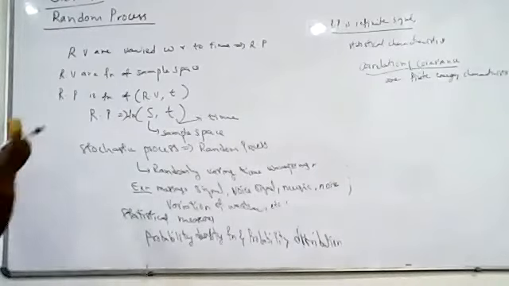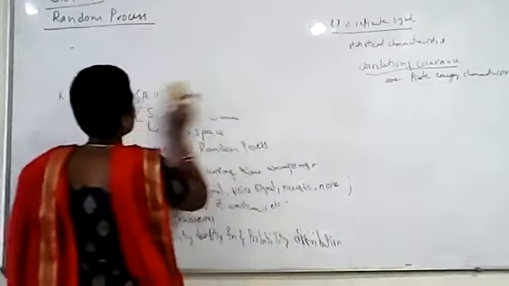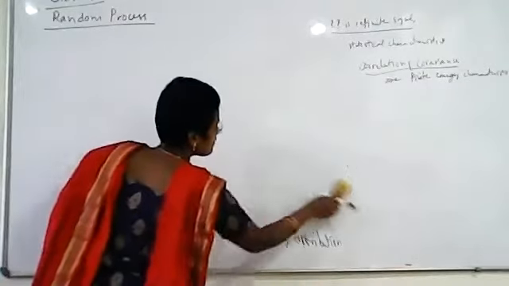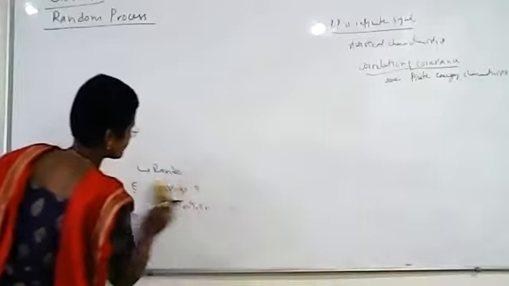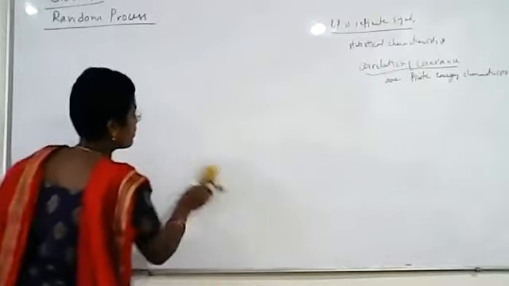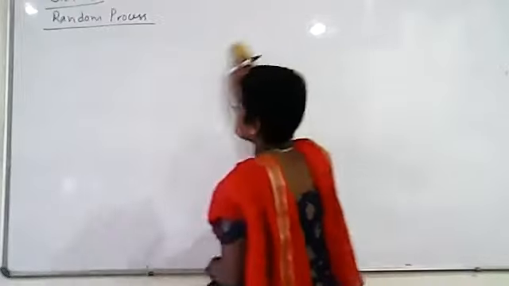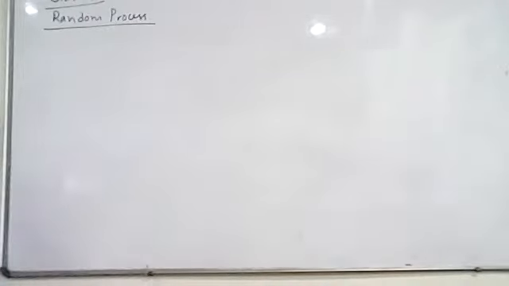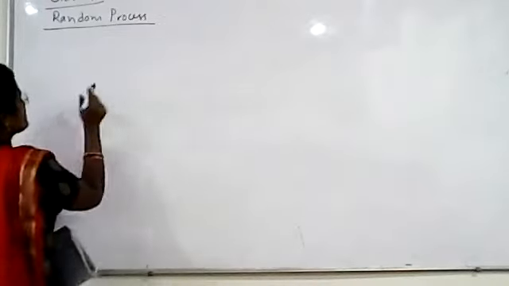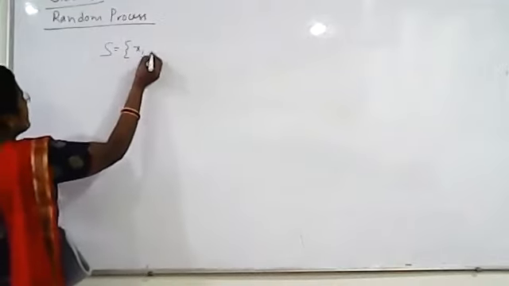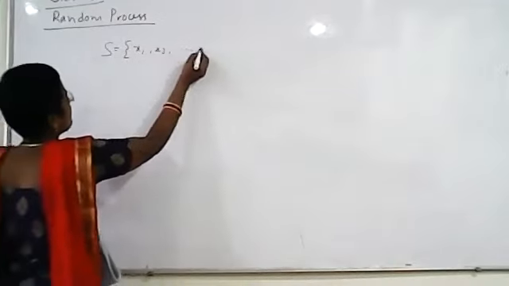The definition of random process is, we have discussed that if the outcomes of the experiment are varying with respect to time, then it is called random process. For example, our experiment has the sample space x1, x2, so on, xn.